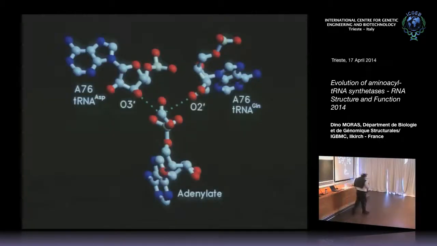What does that mean? The 2' and 3'. This is a result of the structure. We compare the structures. Here you have the adenylate, and that's the tRNA CCA end. The fact that the structures are different, and the binding of the tRNA is different, means that the CCA is coming from the opposite side. Or another way to put it, it's not the tRNA which comes from the opposite side, it's the substrate to which the tRNA will attach that is positioned differently.